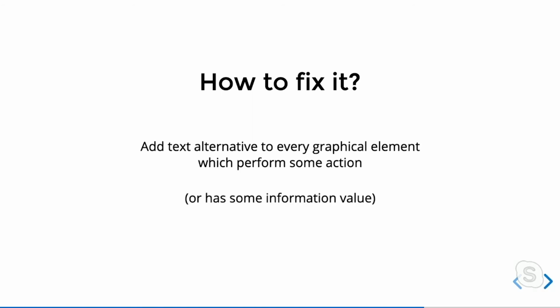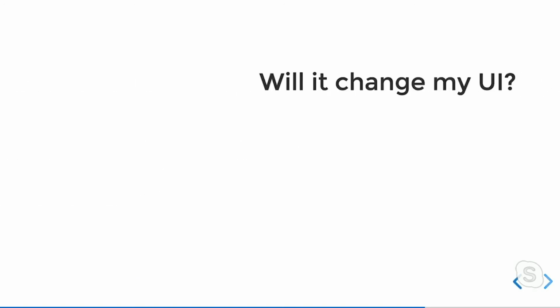Or the second possibility is that it has information value. Sometimes it doesn't trigger any action, but it provides information to the users. So there is, I don't know, an exclamation mark icon, and it says, be aware, this information is really important, pay attention. But again, it's coded relying just on the icon, so we have to fix it.